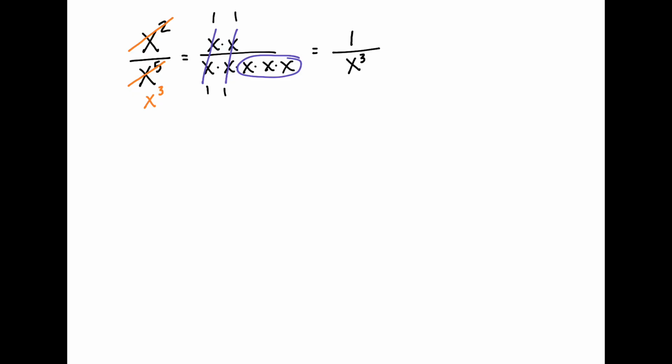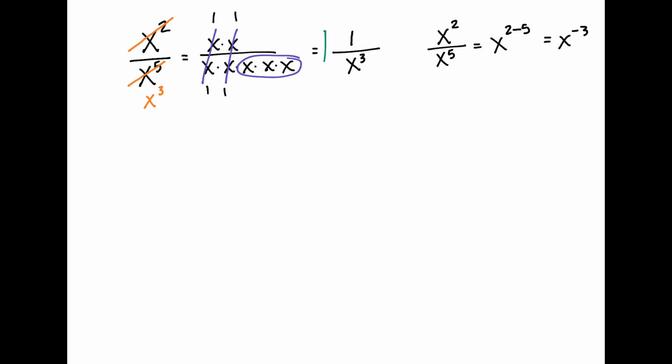Okay, now, using the rule that we've done before with subtraction, if I have a fraction with the same base, we're going to subtract the exponents, which means 2 minus 5 is negative 3.